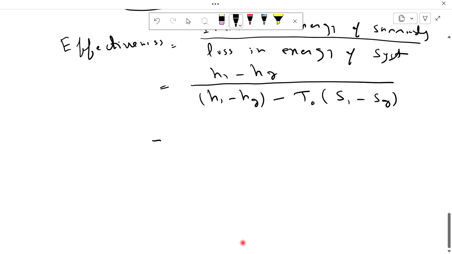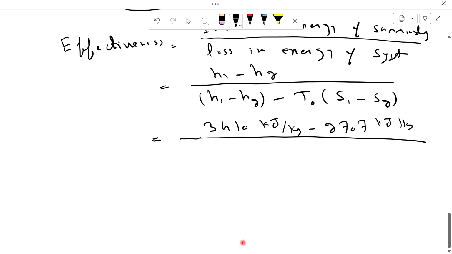All the values are known to us, so just put the values. H1 is equal to 3410 kilojoule per kg minus H2 is equal to 2707 kilojoule per kg, divided by H1 minus H2, that is 3410 kilojoule per kg minus 2707 kilojoule per kg, minus T naught.